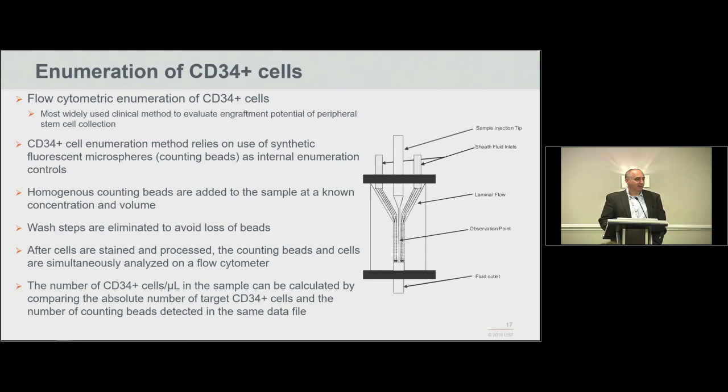After the cells have been stained and processed, the counting of the beads and the cells are simultaneously analyzed on a flow cytometer, and the number of CD34 positive is calculated by comparing the absolute number of target CD34 positive cells and the number of counting beads detected in the same data file.